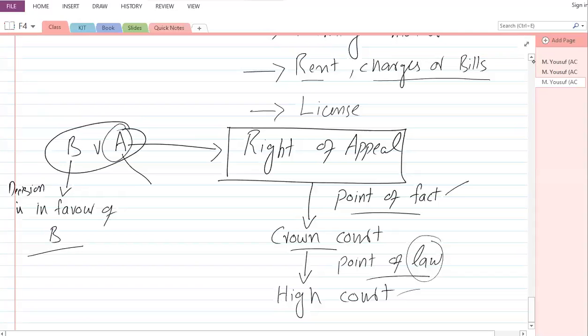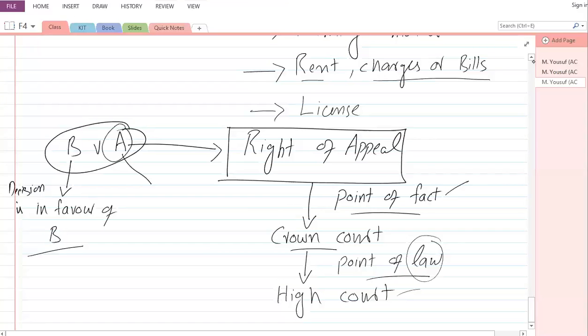Otherwise, if he's okay with the facts, he says, yes, I was present there, but I should not be penalized under Sales of Goods Act, or I should not be penalized under Human Rights Act because the Act is not applied correctly.